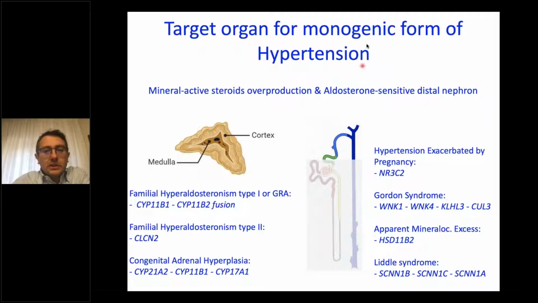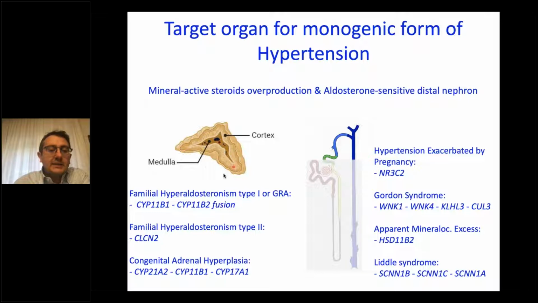The monogenic forms of hypertension actually involve the kidney, mainly the distal part of the kidney that is called aldosterone sensitive, composed of the distal convoluted tubule, the connecting tubule, and the cortical collecting duct, or alterations in the steroid hormones produced by the adrenal glands.